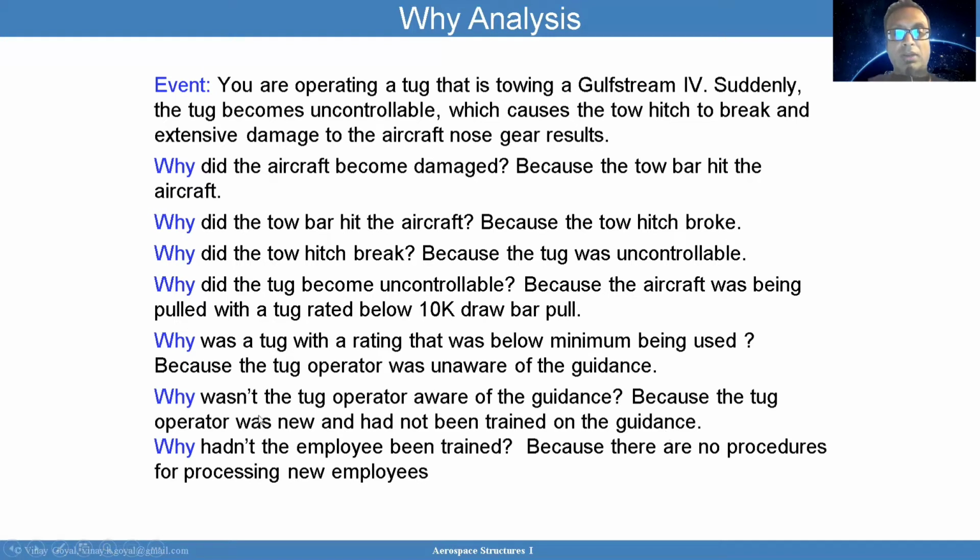Why didn't we have the training for that employee? Because there are no procedures for processing new employees. So you could now identify the root cause by putting together a sequence of whys that takes you down to the potential root cause.